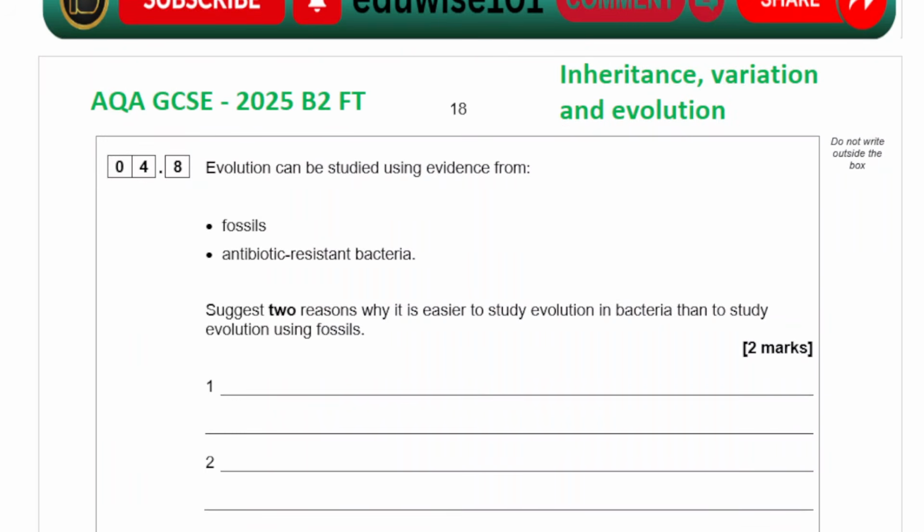Evolution can be studied using evidence from fossils or antibiotic-resistant bacteria. Suggest two reasons why it is easier to study evolution in bacteria than to study evolution using fossils. Now, bacteria have a short life cycle.